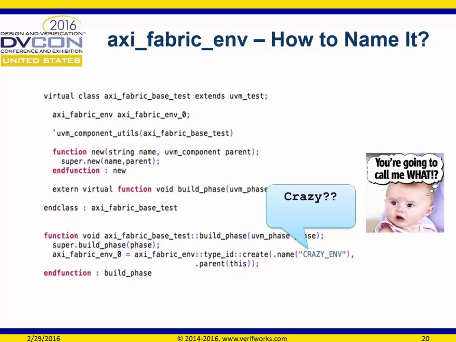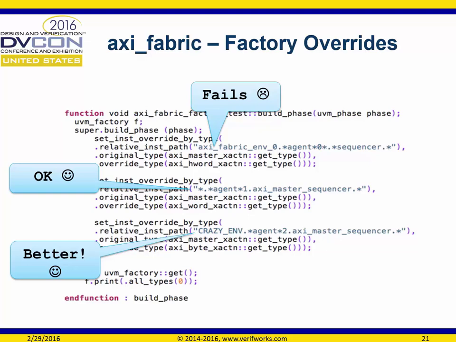So what is it that you expect? Let's go look at what happens during the overrides. During the build phase, when you try to set an override by type, if you look back, you will see AXI Fabric env0, which was the instance name that you were expecting. However, you will notice that it will fail because you named it something different. You were expecting this to be a part of the hierarchy, the elaborated hierarchy, but that is not the case.